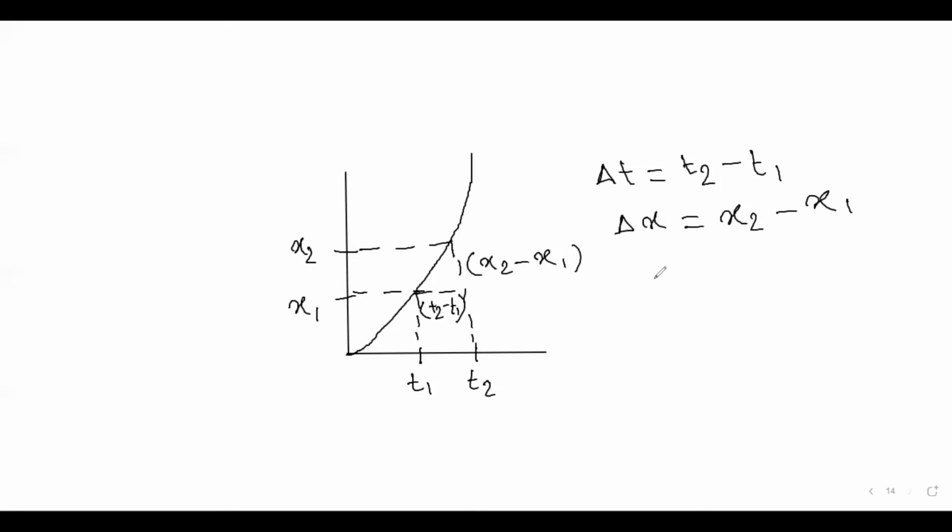So the velocity will be the limit of delta t tending to 0 of delta x by delta t, which is dx/dt.